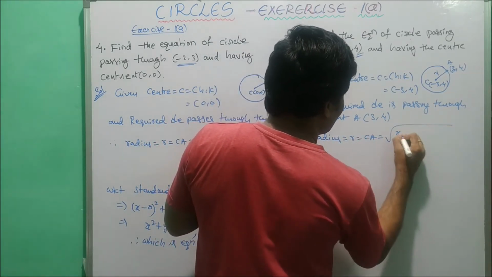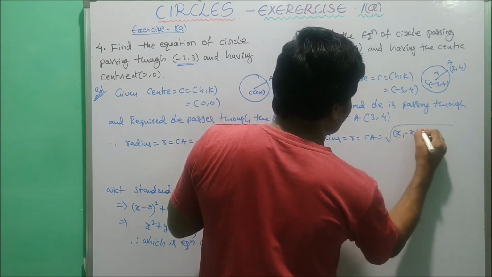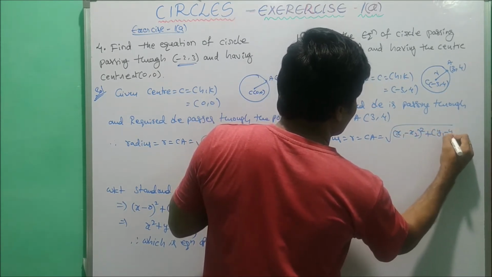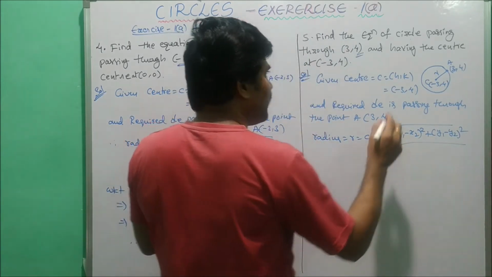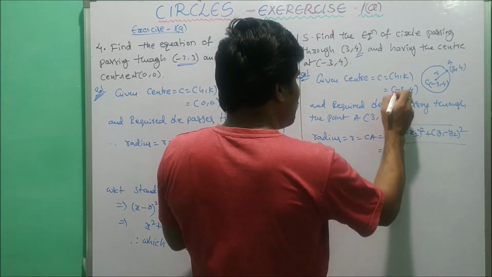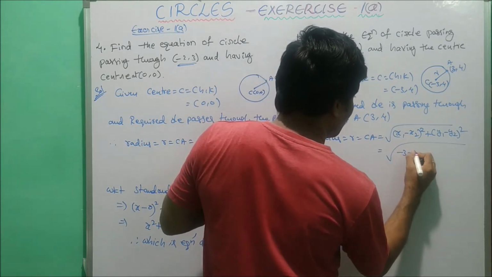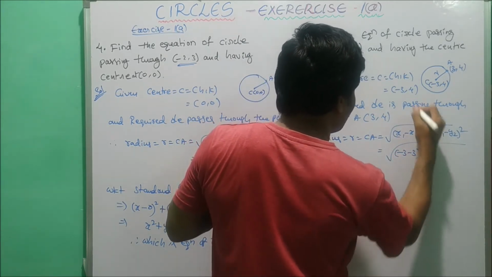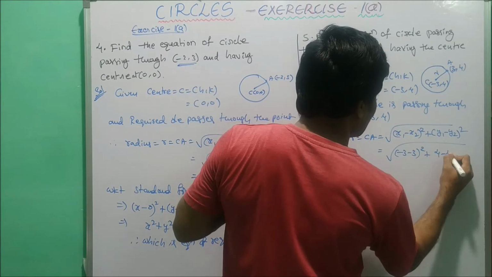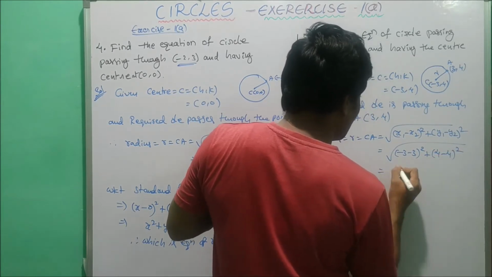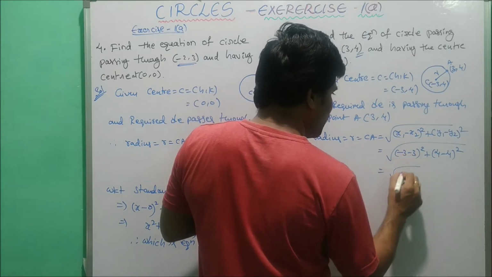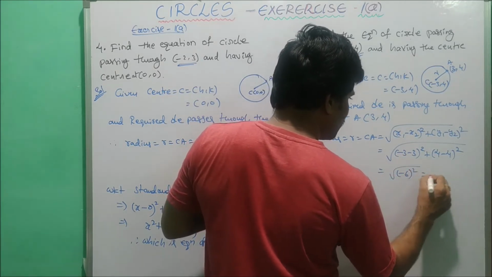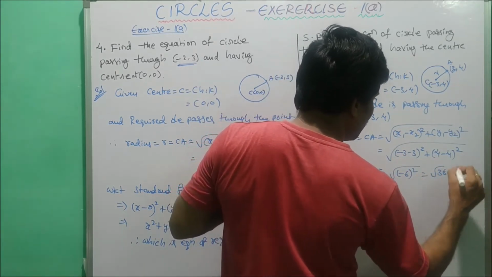Using the distance formula, square root of (x1 minus x2) whole square plus (y1 minus y2) whole square. Now we substitute the points in this: (-3 minus 3) whole square plus (4 minus 4) whole square. Here in this is (-6) whole square, that is square root 36, that means 6.